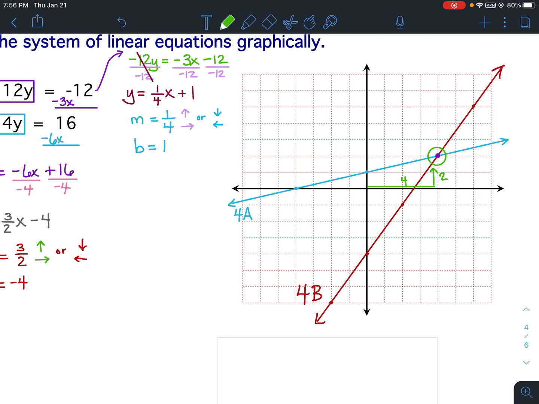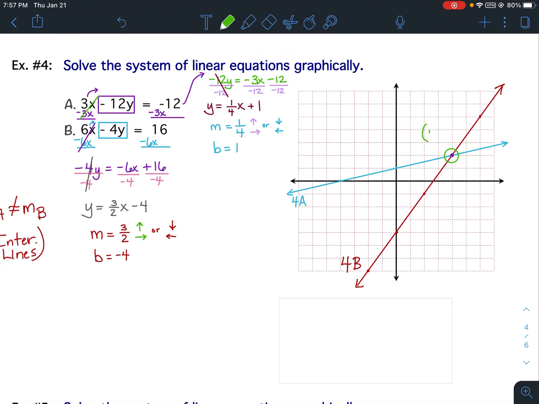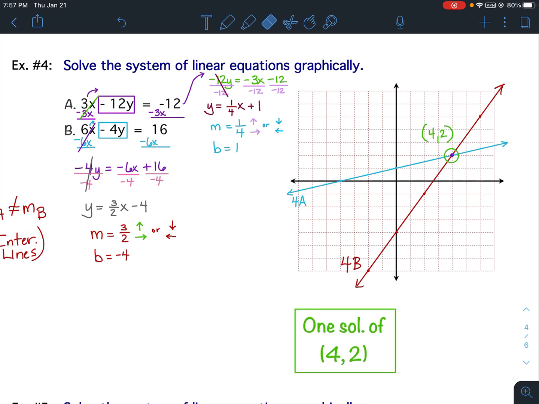To the right 4 and up 2. So that ordered pair right there is 4, 2. So the solution, since they are intersecting lines, it is one solution of 4, 2.